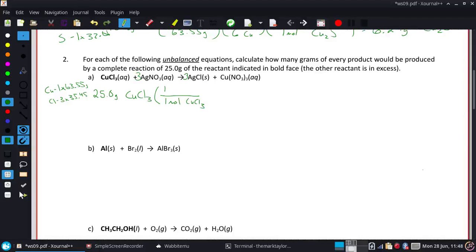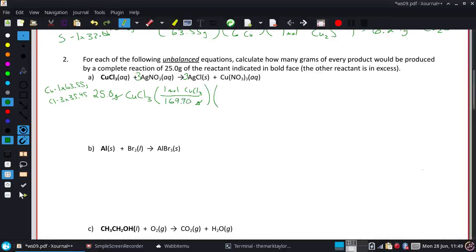Those together give us, ooh, I got that fraction upside down, don't I? 1 mole is on top. I want the masses to cancel. And this is 169 point, looks like 90.